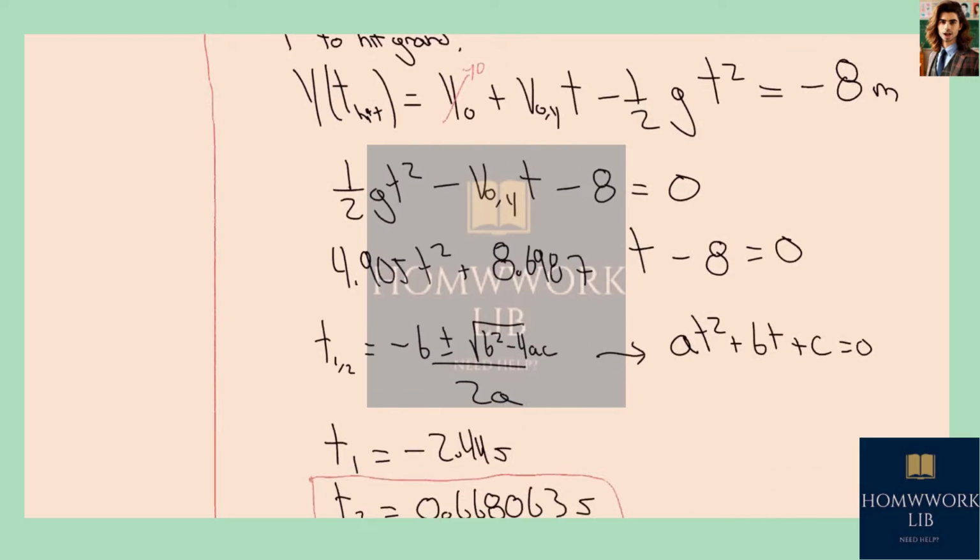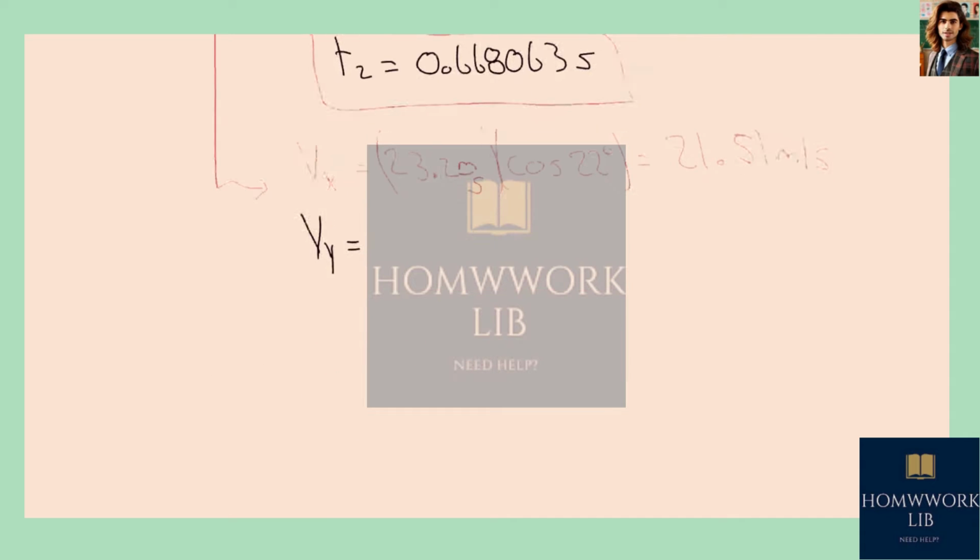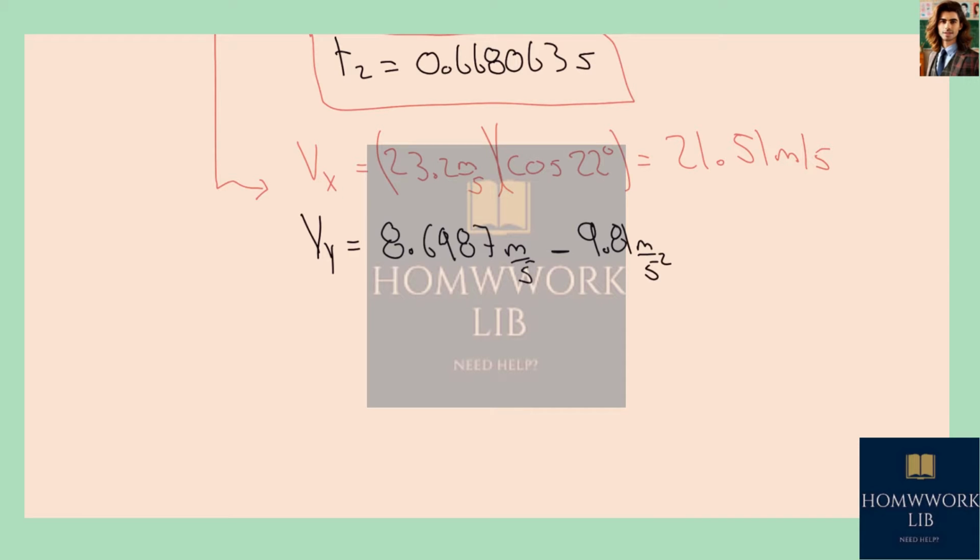Now, as for the velocity on y, we said that the equation had to involve velocity. So this is going to be our initial velocity on y that we already did the calculation over here, 8.69807 meters per second minus 9.81 meters per second squared times the time that it took for the movement to occur, which is 0.66806 seconds.